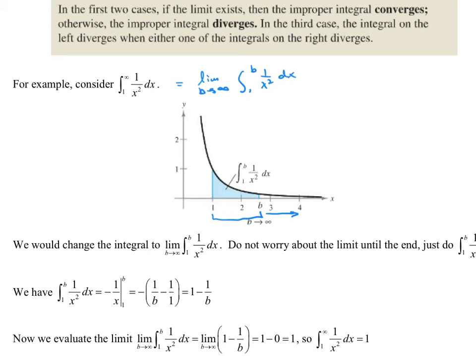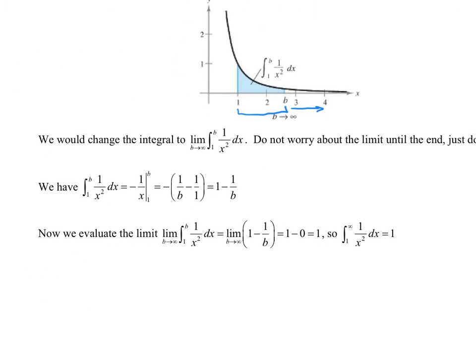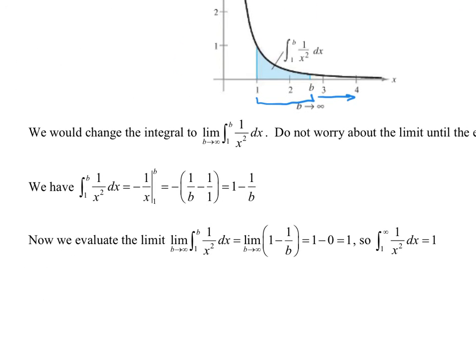So what do you do first? Well, do the integral just like you normally would. So what's the integral from 1 to b of 1 over x squared dx? Well, 1 over x squared is the same thing as x to the negative 2. And the integral of x to the negative 2 would be x to the negative 1 over negative 1, which simplifies to negative 1 over x.